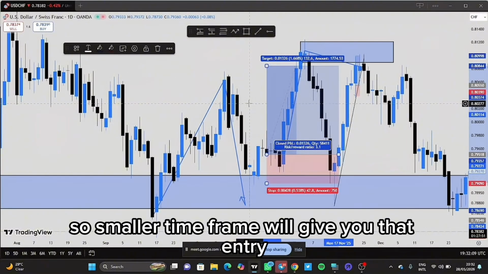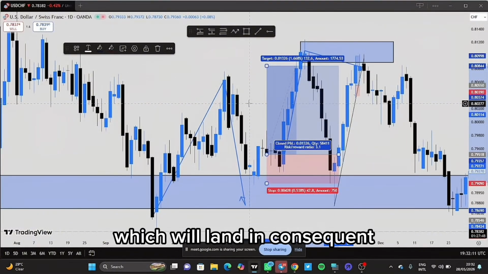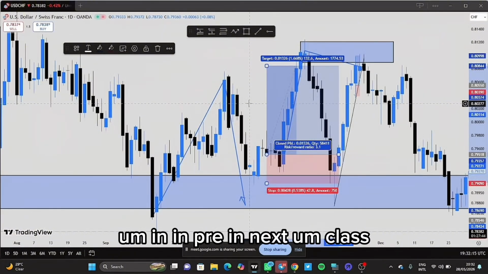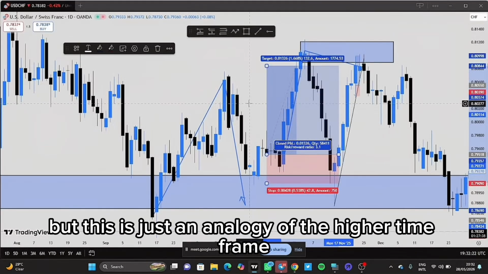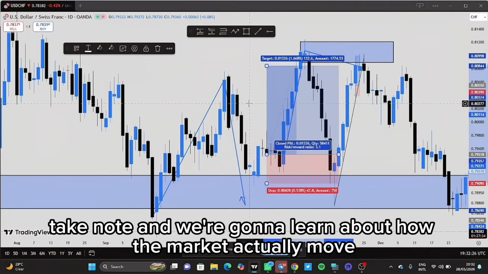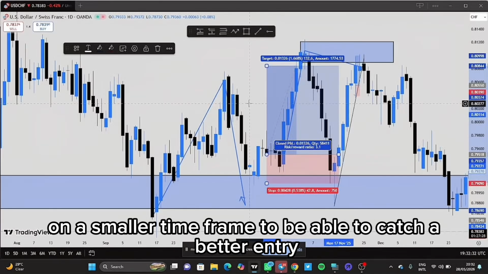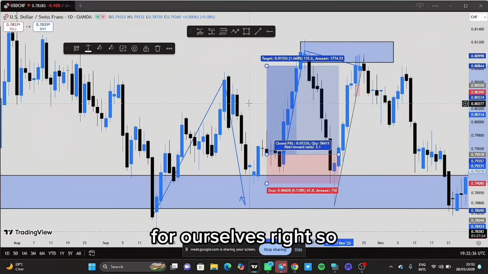The smaller time frame will give you that entry, which we will learn in the next class. We're going to learn how to get entry on the smaller time frame. But this is just an analogy of the higher time frame, which is the daily time frame. Take note. And we're going to learn about how the market actually moves on a smaller time frame to be able to catch a better entry for ourselves.